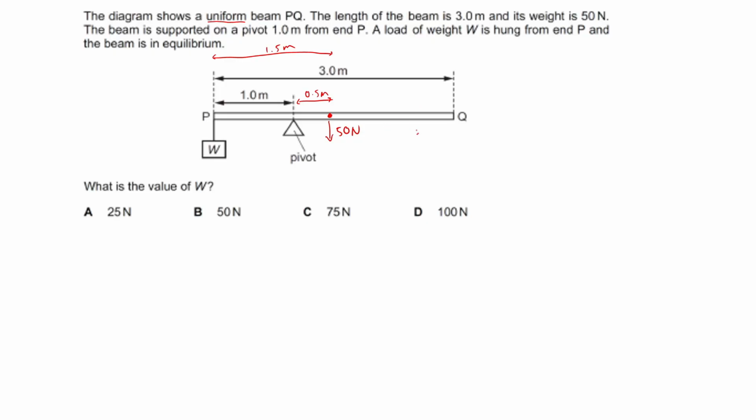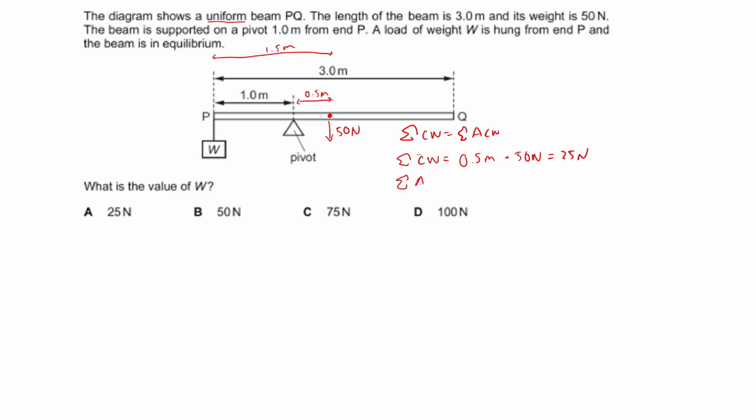Since this is an equilibrium, the sum of clockwise moments is equal to the sum of anti-clockwise moments. Our clockwise moment is going to be the weight of the beam, so 0.5 meters times 50 newtons, equal to 25 newton meters.